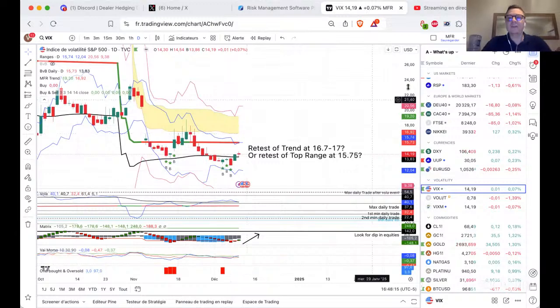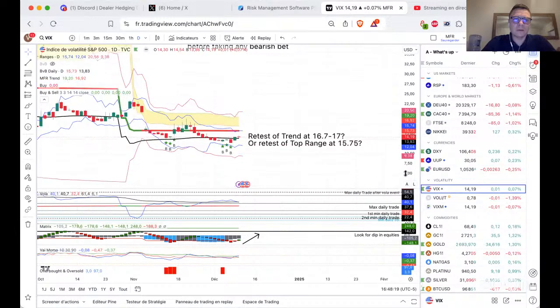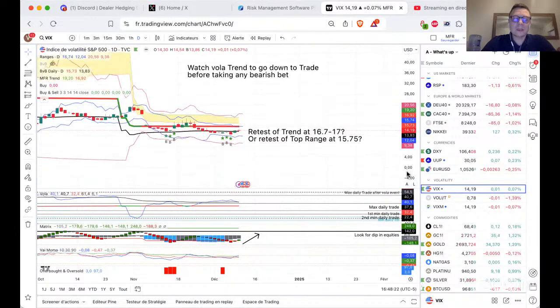And like Raghav said, I don't think this is a big one, because to really take a bearish bet, you need the 3 steps of VIX. Same thing, I've mentioned them repeatedly. You need to have price of VIX above trade and trend. So we kind of have it now. You need to have trade cross trend, and we are not there yet. And then you need to see the retest of price of VIX on trade. So we are currently in step 1 and still no step 2.